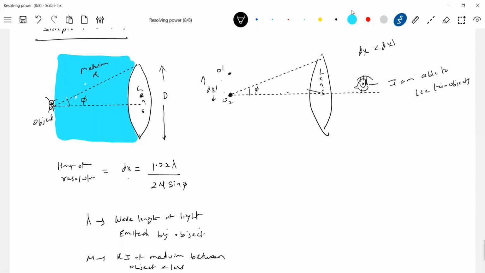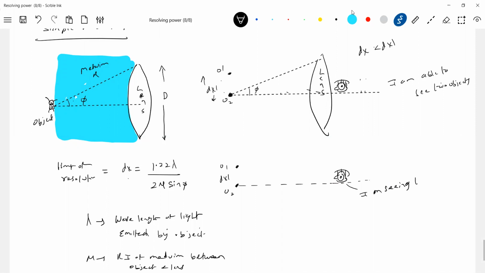How to calculate the dx dash? I know the separation. I know at what distance this particular object is kept from the lens. Without this lens, if I place this eye very near, you ask this eye, he says that I'm unable to see the two objects.